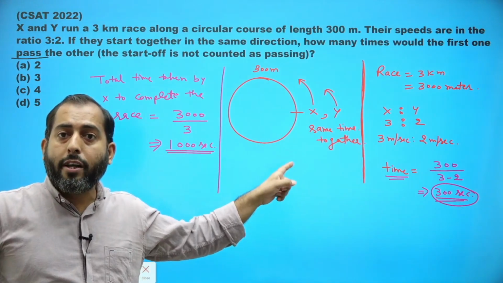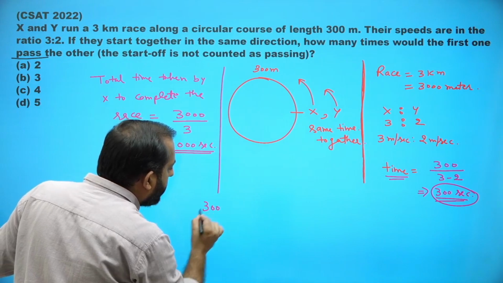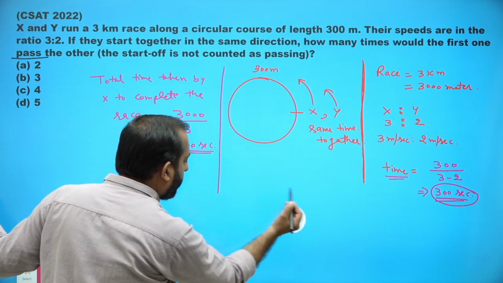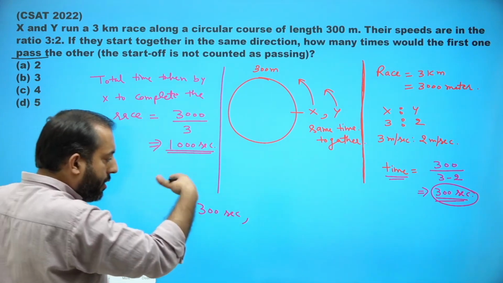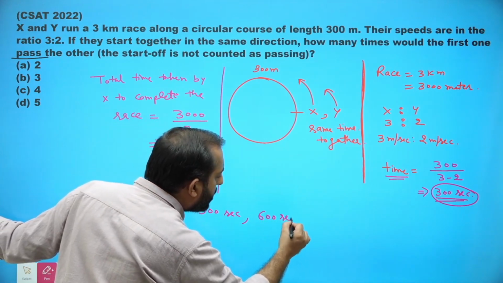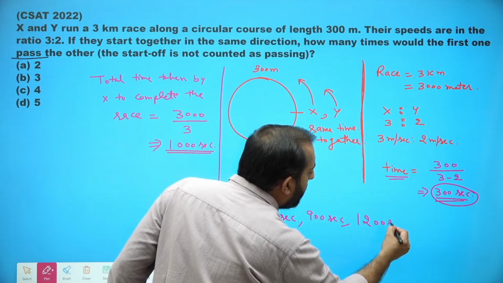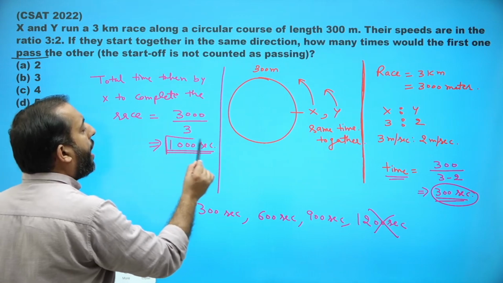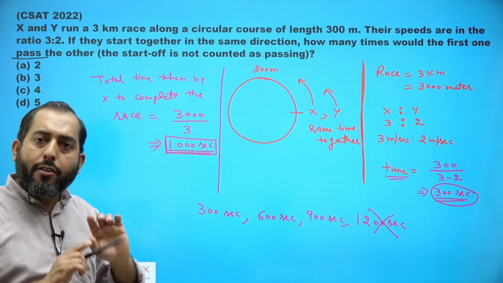he will be passing whom? He will be passing Y. So I can see after 300 seconds he will pass Y, after 600 seconds he will pass Y. From when the race started, till the first 300 seconds, X will cross Y, then after 600 seconds X will cross Y, then after 900 seconds X will cross Y, and then after 1200 seconds X will cross Y. But this 1200 seconds will not be counted, because with the end of 1000 seconds, X will complete the race and he will stop running.